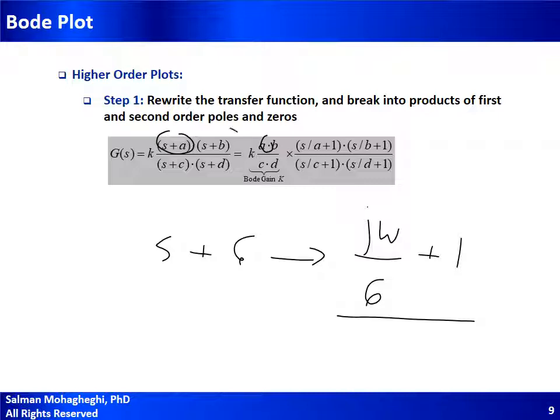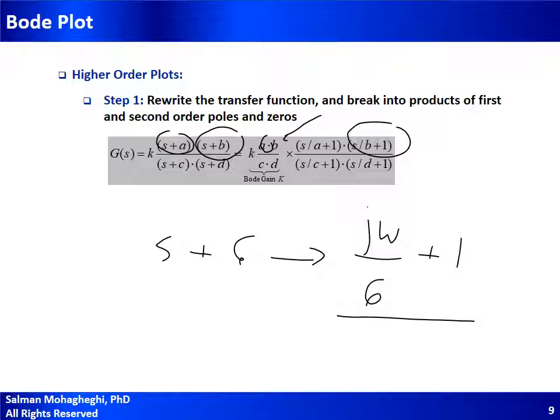Let's look at the second term. I have an s plus b. So what I do is I divide this by b in order to get this standard form, s over b plus 1. However, I also have to multiply it by b. So I consider b as part of the DC gain. I would do the same thing for any term that I have in the denominator.